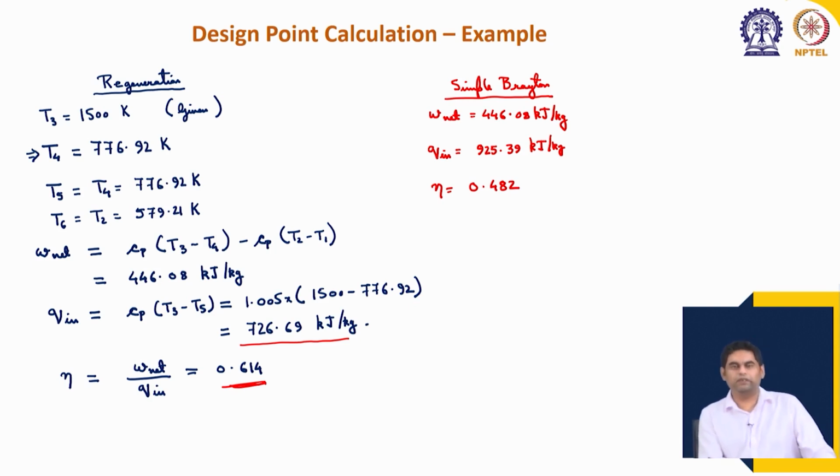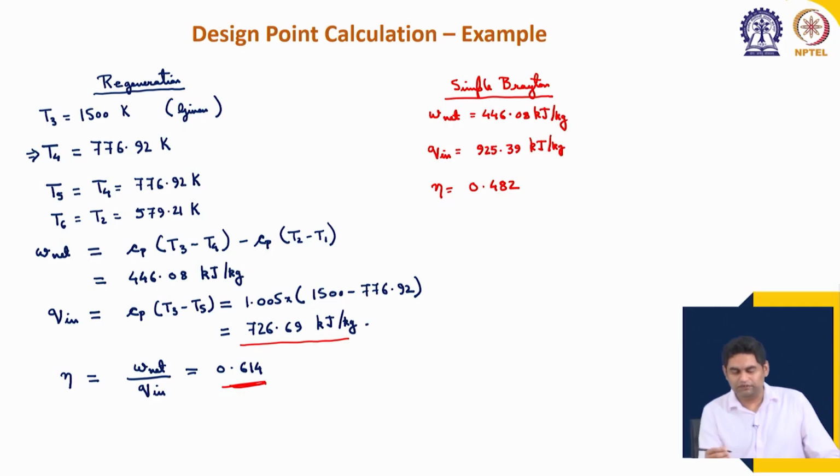We could have non-dimensionalized this also by using Cp T1. Cp into T1 will be of the order of 300, so you will get some value around 1.4, 1.5. So, this is an example of a design point calculation.